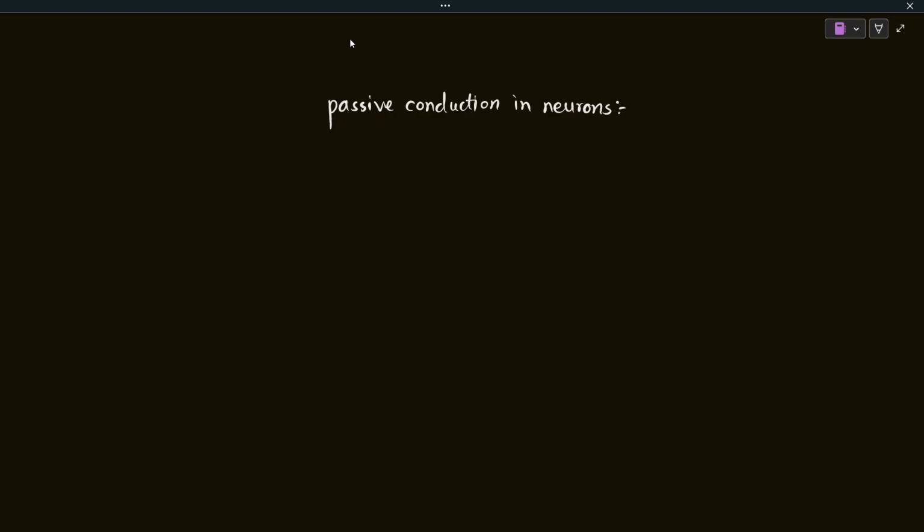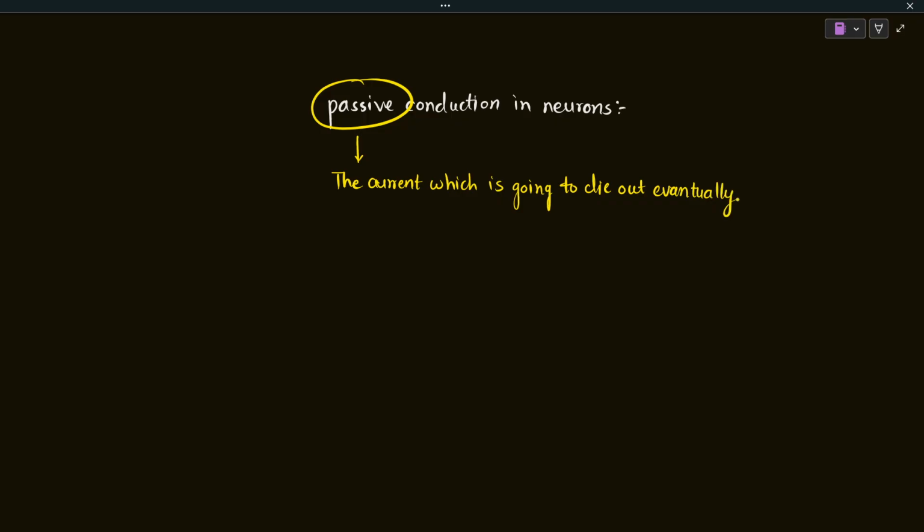But in this case, by passive, I mean the current is going to die out eventually. And when does this happen? I hope you know that this happens during graded potential generation.